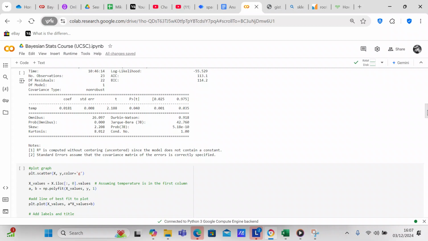Something that I forgot to mention up here, this looks like your confidence interval. So your confidence interval at 0.025 is 0.001, and your confidence interval at 0.975 is 0.035. So that is your statsmodels summary.